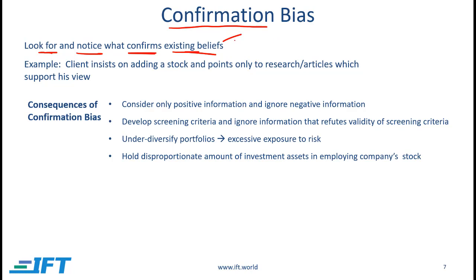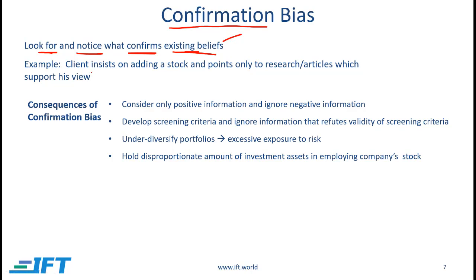So we think we are being more rational and more scientific by going after information, but the problem is that we are only going after information that confirms our beliefs, or we are only trying to use that information that confirms what we already believe.